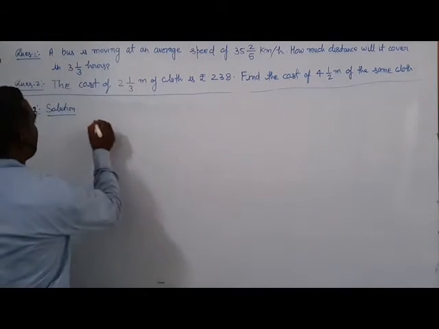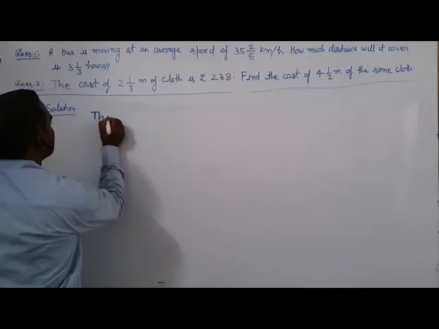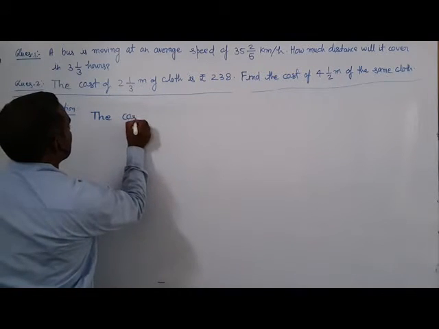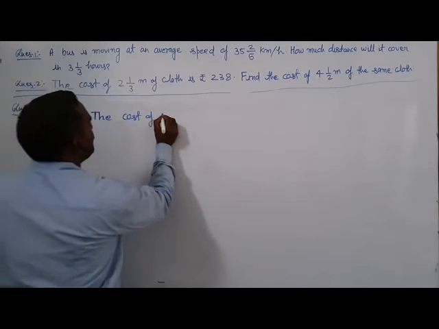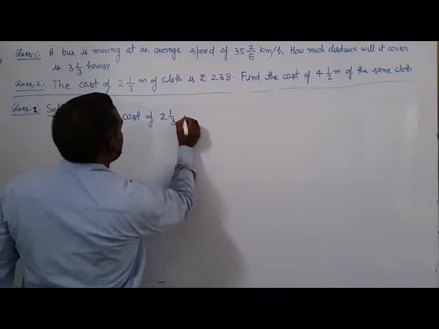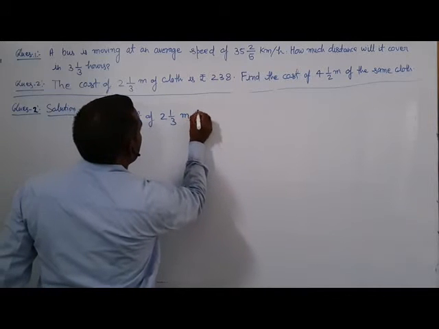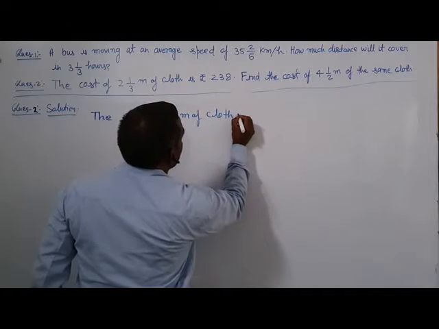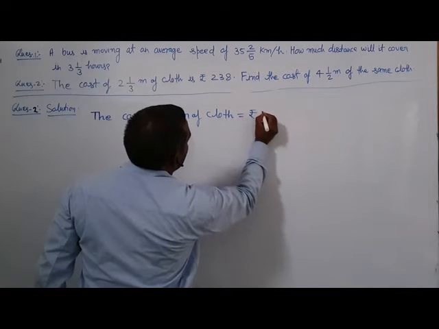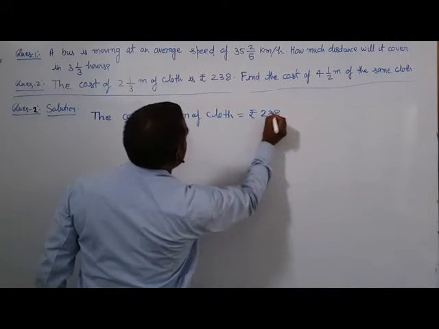So first, the cost of 2 1/3 meter of cloth is equal to rupees 238.